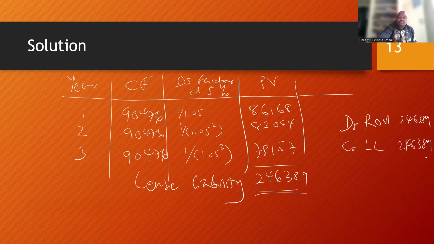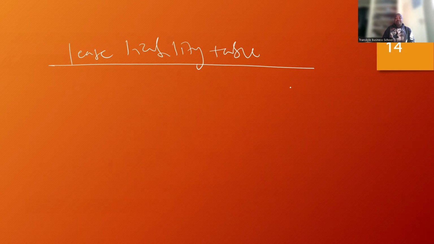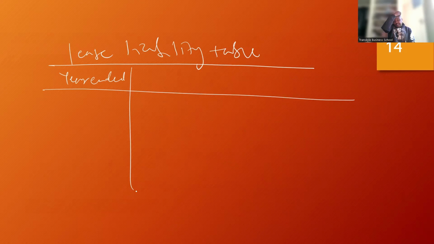Okay, so we come here and have the lease liability table. It's almost like the present value table, but with some modifications. So we have got our year ended. The first year was ending when?